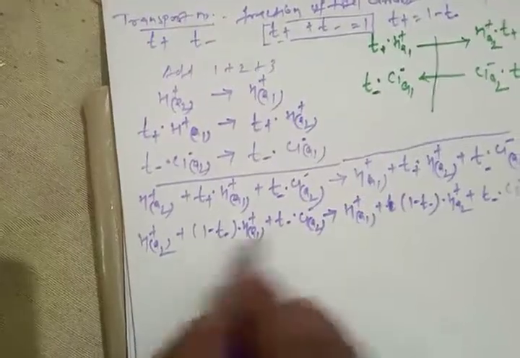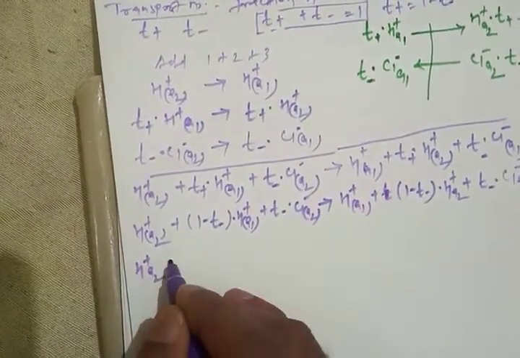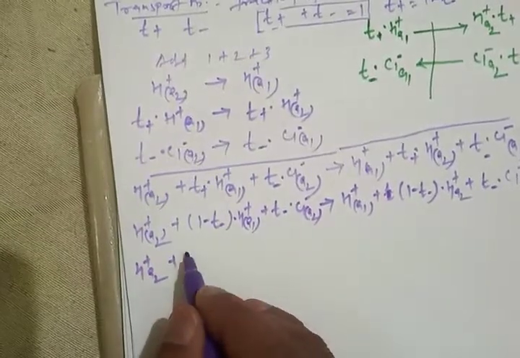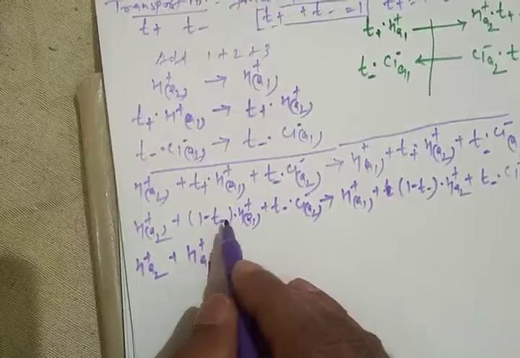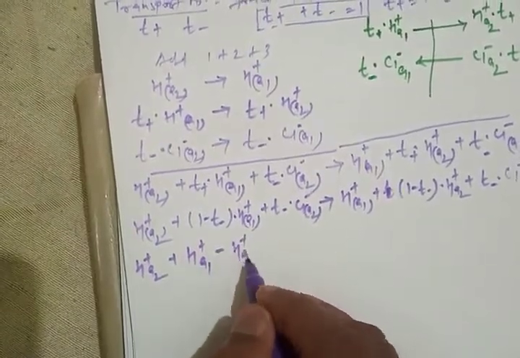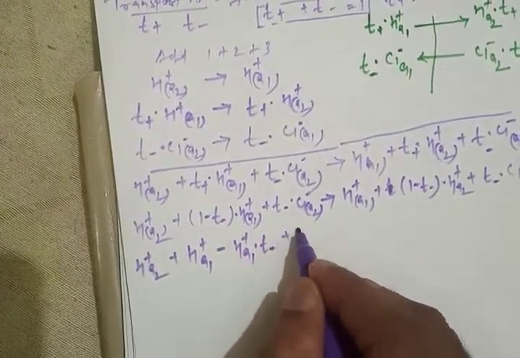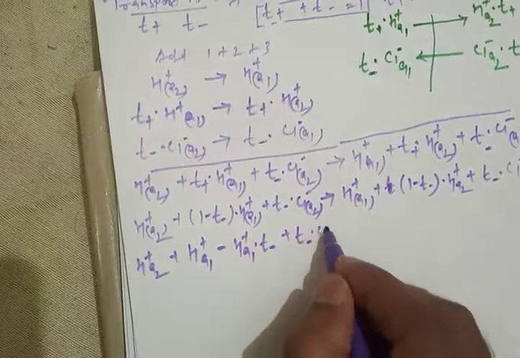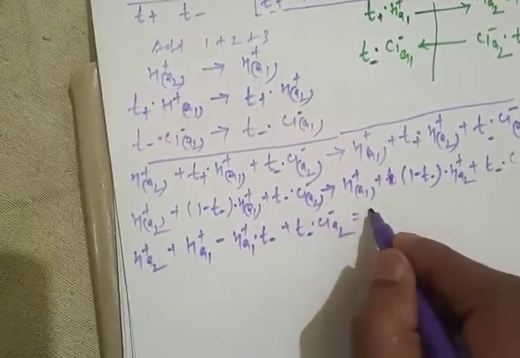Then multiply this: H plus A2, this will give H plus A1, and this will give minus H plus A1 T minus, then plus T minus Cl minus A2.